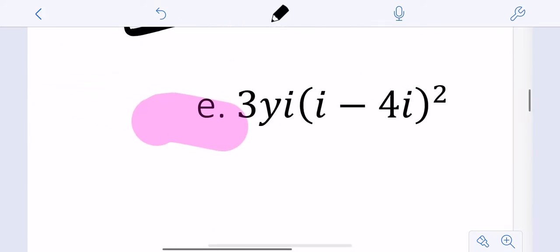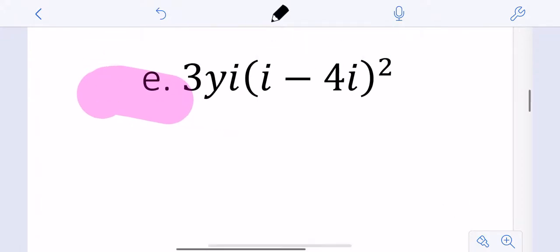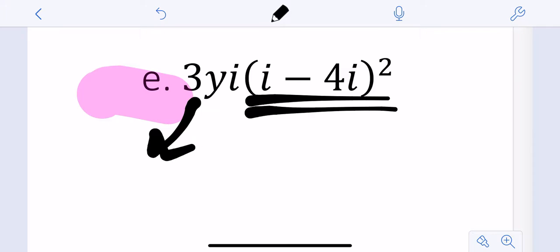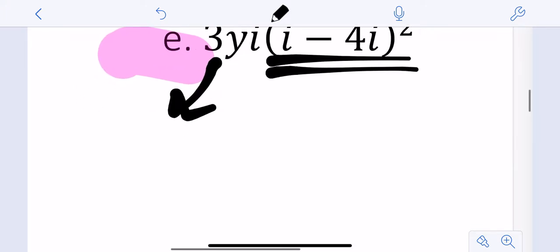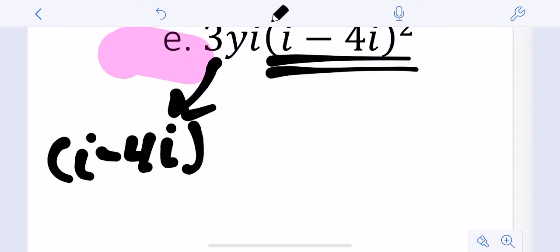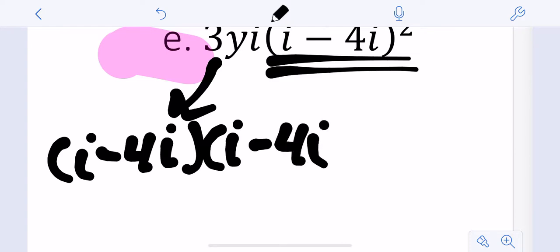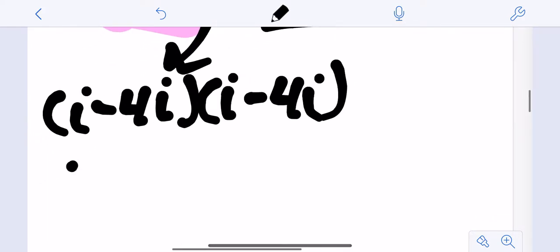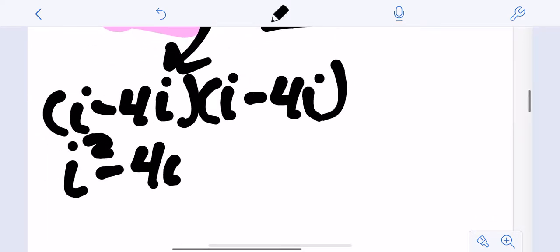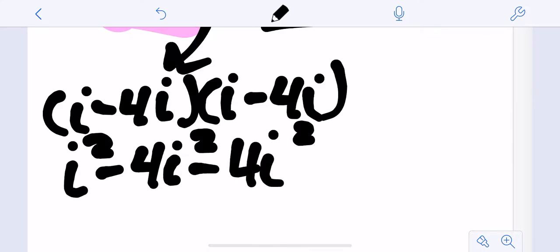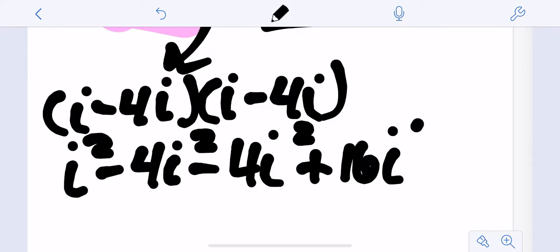Now let's look at one like e. So e, there's a couple different things you could do here, and I'll talk about it both ways. So first of all, order of operations, I see this is squared, and I'm going to need to square before I multiply the 3yi. So if I do i minus 4i squared, I'm going to multiply this out, and so that would give me i squared minus 4i squared minus 4i squared plus 16i squared.